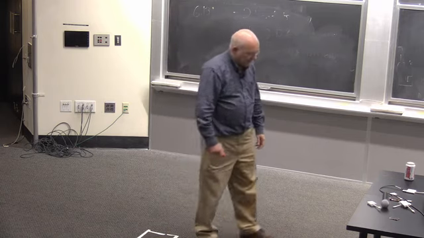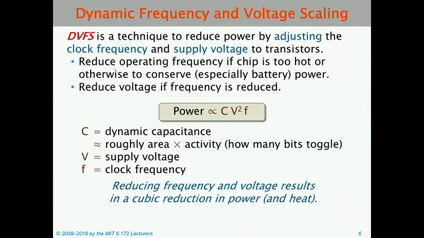Okay, so this particular architectural feature is called DVFS, Dynamic Voltage and Frequency Scaling. It's a technique to reduce power by adjusting the clock frequency and supply voltage to transistors. The idea is that if the chip ends up getting too hot, or in the case of laptops, often if you want to conserve battery, it chooses to slow down the clock.